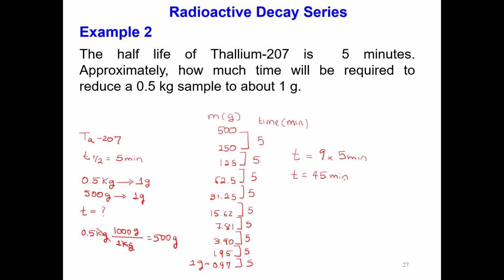Now we can write the time required to reduce 500 grams of thallium-207 to about 1 gram is 45 minutes.